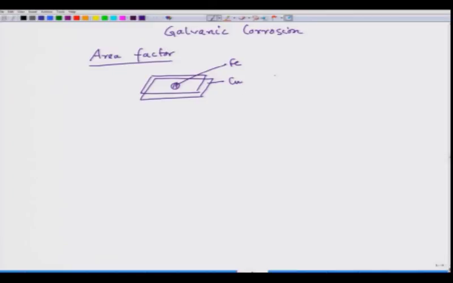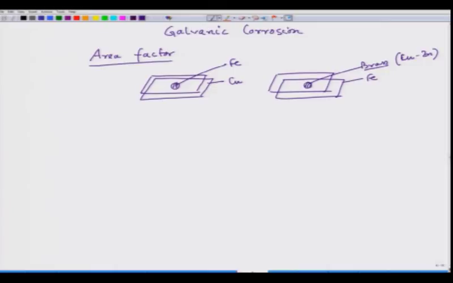And when we have steel plates, now let us say these are iron plates which are riveted by brass, and brass is nothing but a copper zinc alloy, where copper is predominantly high.